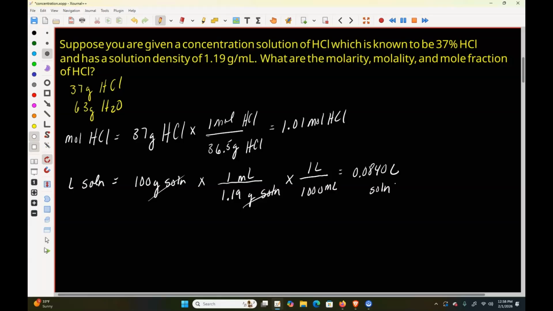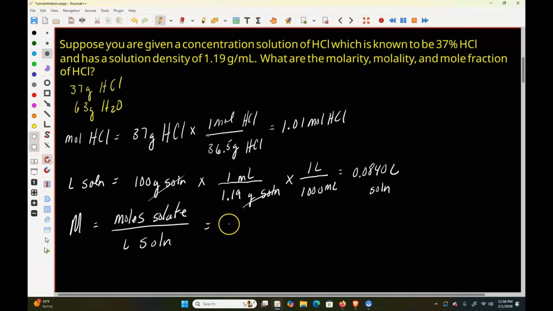Since the moles and the volume of solution are now known, we can calculate the molarity. So capital M, molarity, is equal to moles of solute over liter of solution.